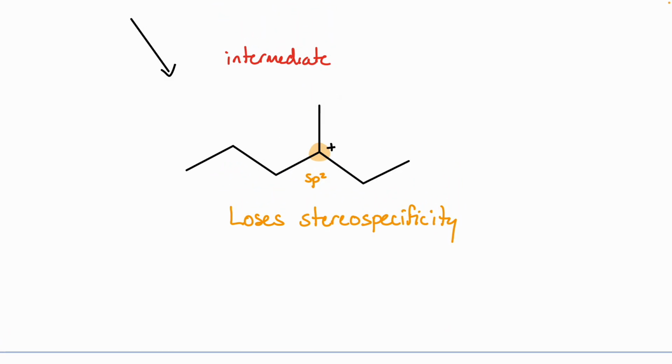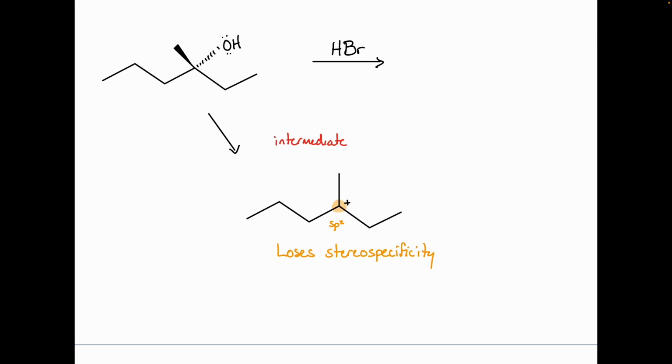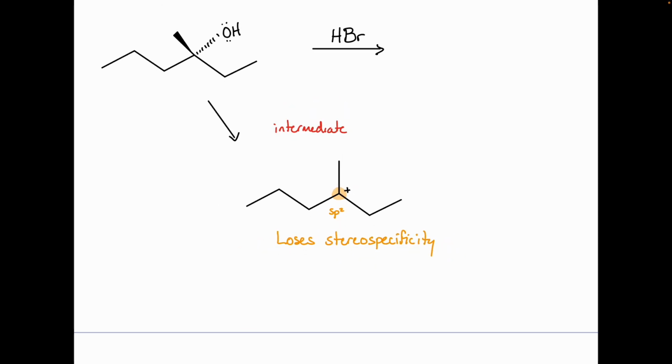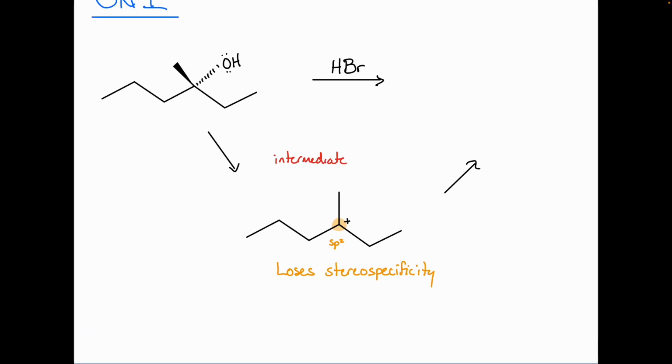They're trigonal planar structures, which means that my bromide could attack from this side, or my bromide could attack from this side. I'm going to get a 50-50 mixture of both possibilities. Right? So what we could do, if we were trying to do things the long way, is show that we get a mixture of both, where my bromine is on a dash, and when my bromine is on a wedge, we get a 50-50 mixture of these two.